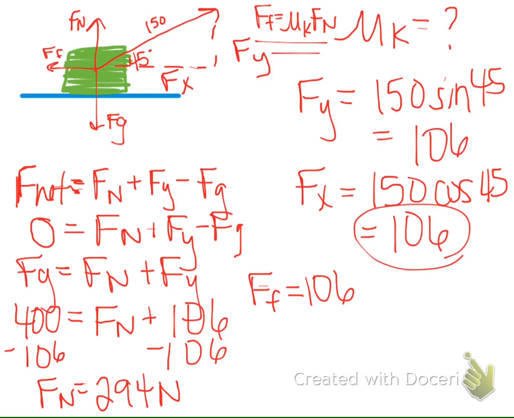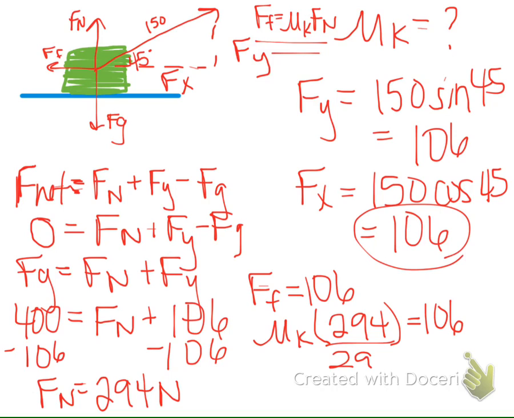So we can do a little substitution here. Mu k times our normal force, which we found to be 294, equals 106. We divide by which of those? 294. Yeah, we take 294 on both sides. And we should get about 0.3 something. 0.360.